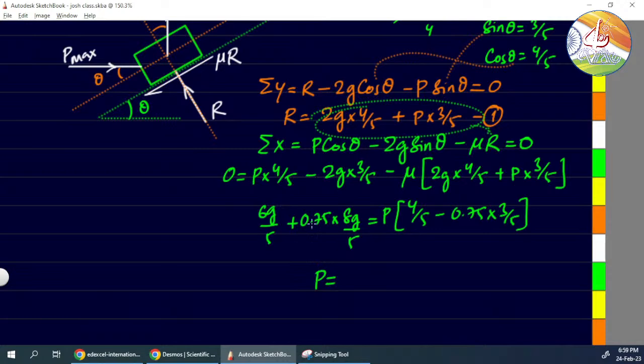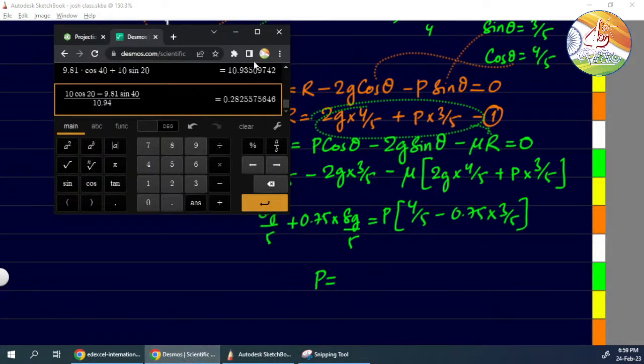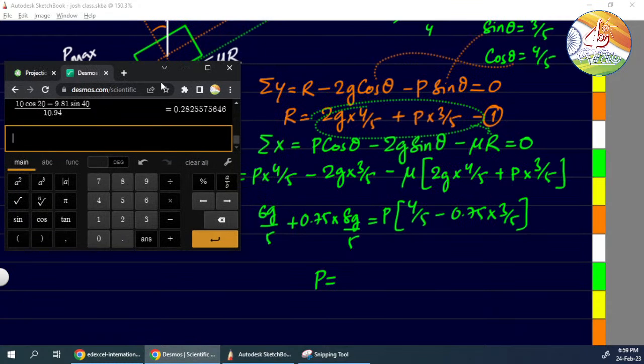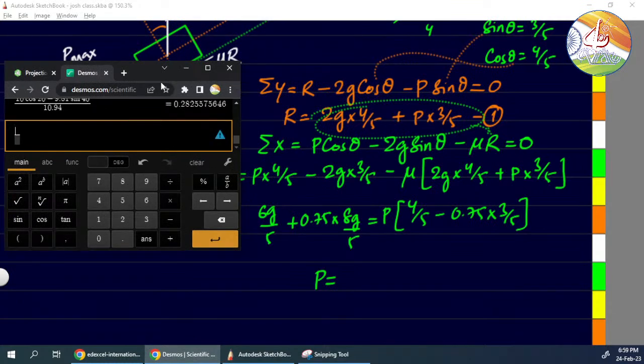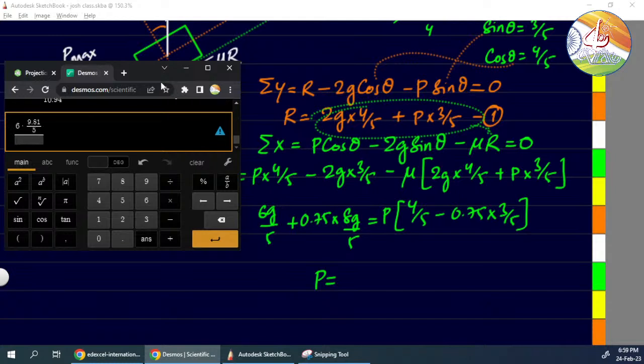So P will be the left side term divided by the right side term. 6 into 9.81 by 5 plus 0.75 into 8 into 9.81 by 5, the whole divided by 4 by 5 minus 0.75 into 3 by 5.